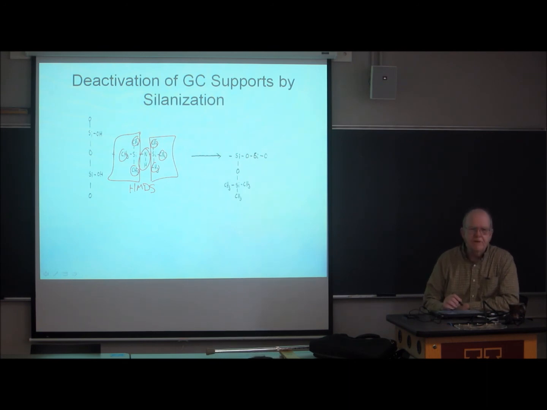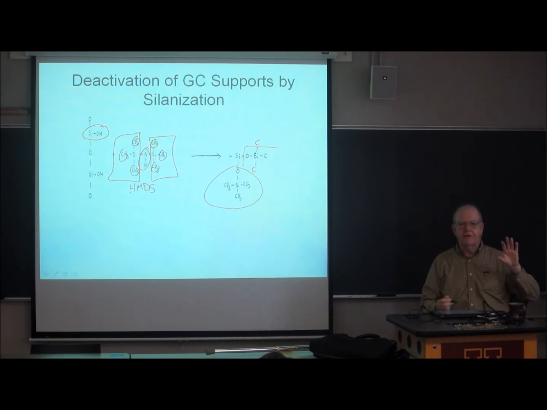This is extremely reactive stuff, and it goes after SiOH groups. In fact, it goes after alcohols, it goes after carboxylic acid, it goes after anything that has an OH group. And it reacts with it, and this half of the molecule gets attached. So this is like that. This is what I'm drawing.